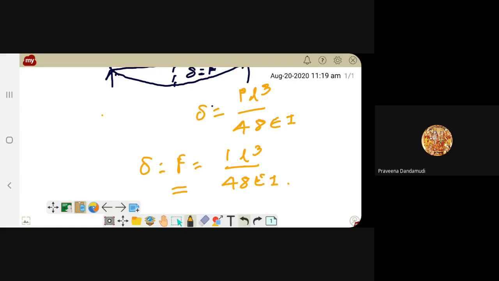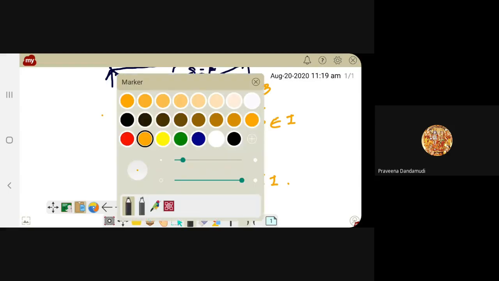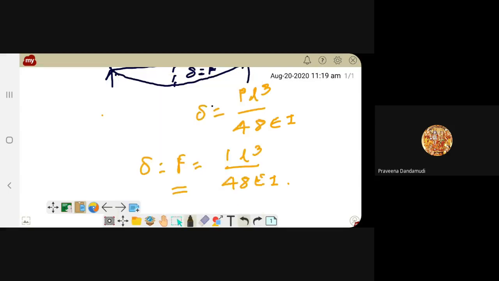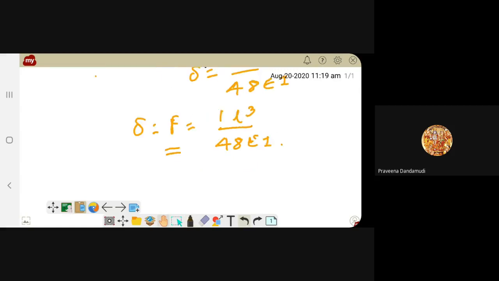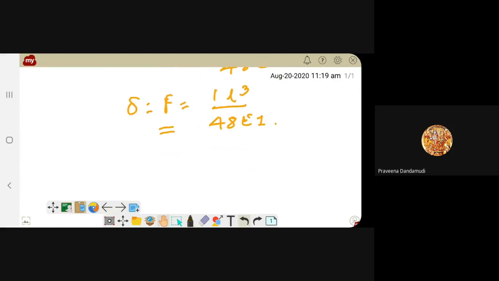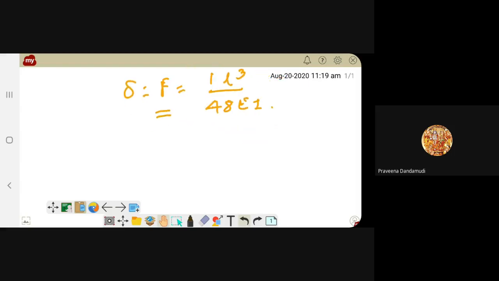How do we calculate the slope then? A simple way to find out the slope: again, you will take the same beam. I'm just taking the same beam for finding out the slope. I'm applying a unit moment here.